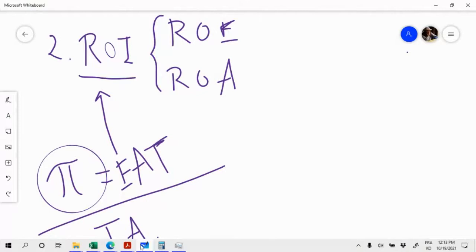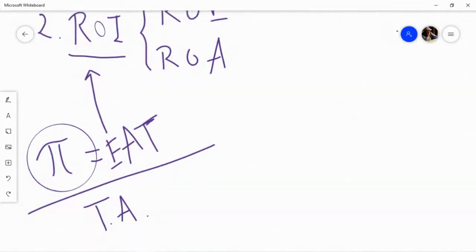Of course, the profit here, I use the symbol pi for profit, and that's net profit, which is EAT. But then, is total assets the right input for that? Let's say it is the right input for now.